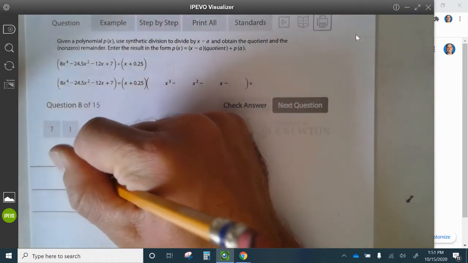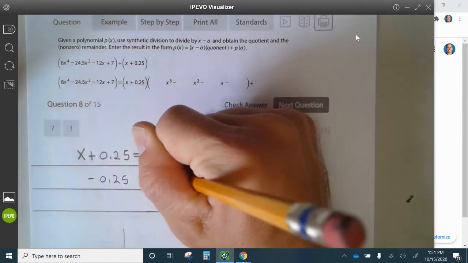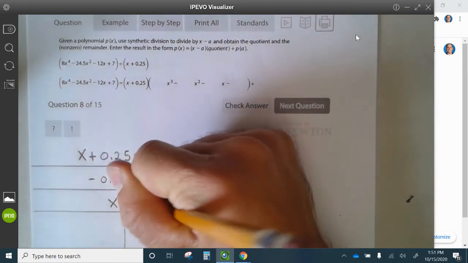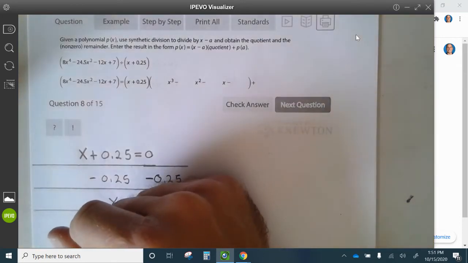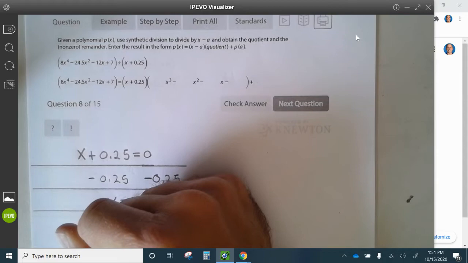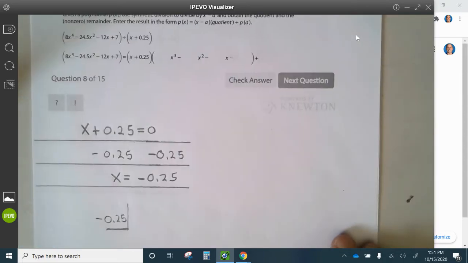So we're going to subtract 0.25 from both sides. So x equals negative 0.25. Okay, so then our a value is negative 0.25. Okay, now we bring down the numbers from here.